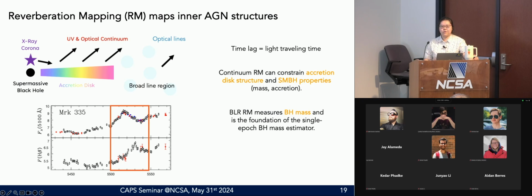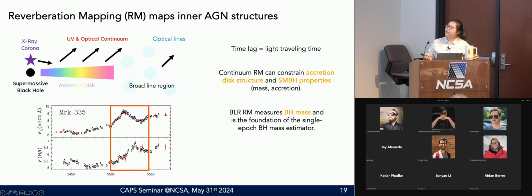I believe a lot of people here are familiar with the concept of RM. But to give a quick recap, basically you are looking at two different streams of light curves. For example, here the continuum light curve is from the accretion disk itself, and then the H-beta light curve is from the broad line region that is further out in the AGN. And there is a time lag between these two light curves.